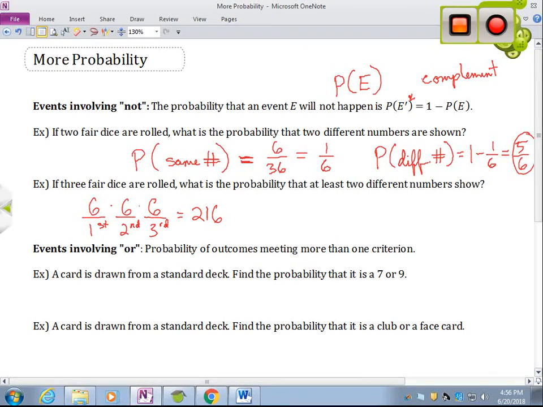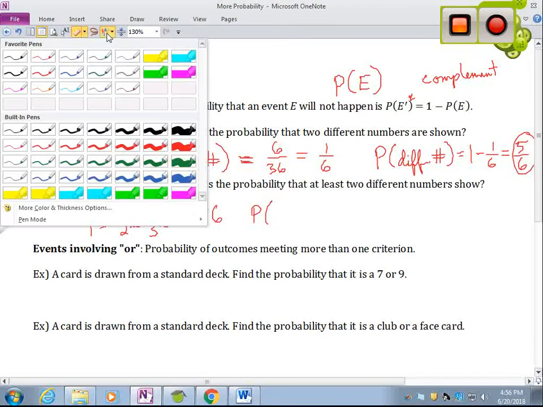Now, of those 216, I definitely don't want to go through, write them all down, or look at a chart and then figure out how many of them have at least 2 numbers that are different. So instead, I'm going to use the complement. So again, what is the probability that they all have the same number? And I want the complement of this, so actually, let me write that differently so I don't have to write quite as much out here.